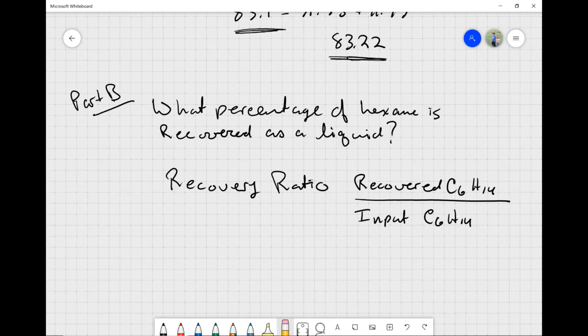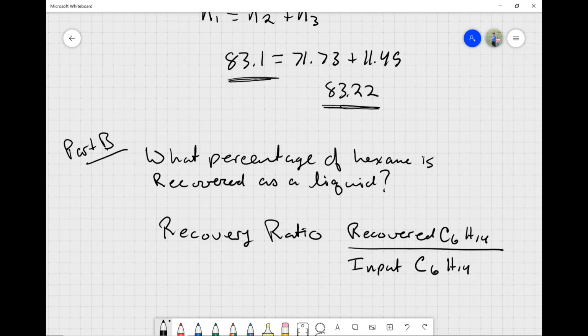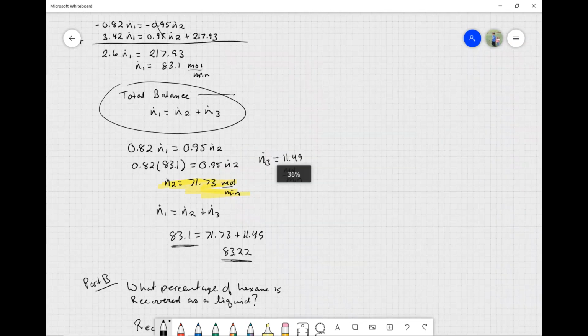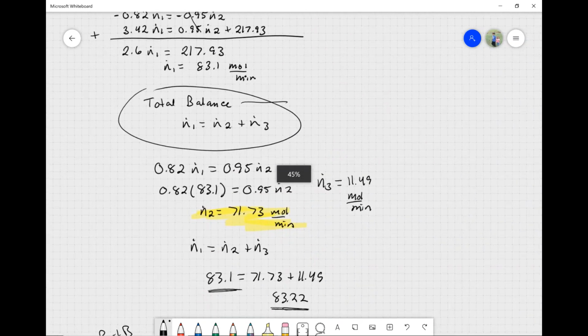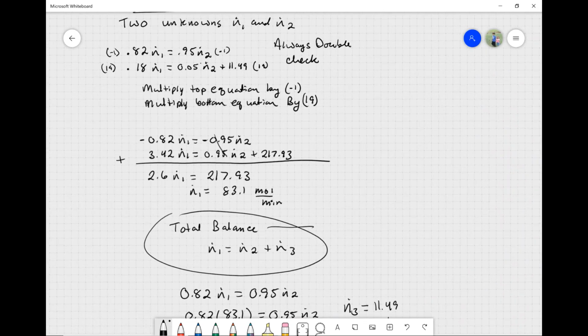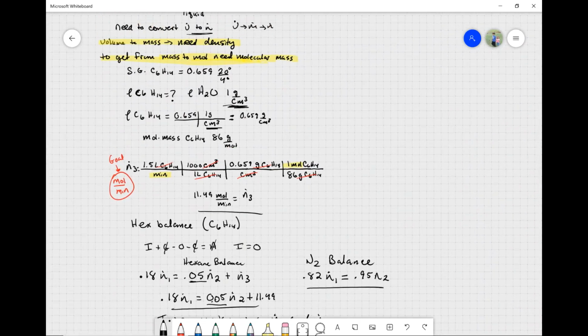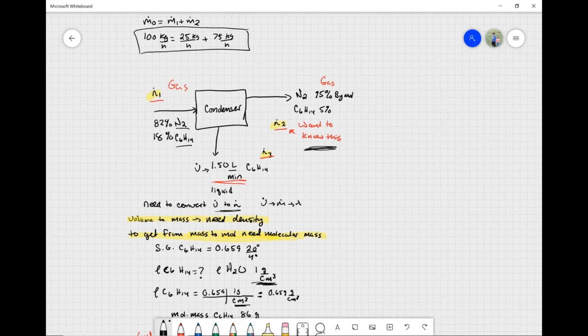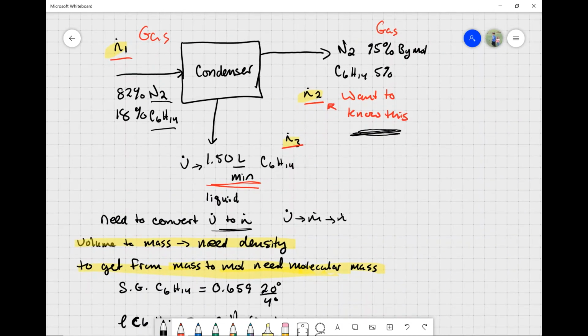This is supposed to be a C. If it lets me do it, I might have to do a reboot of this thing pretty soon. So if you go back to the original problem, we had some input C6H14.